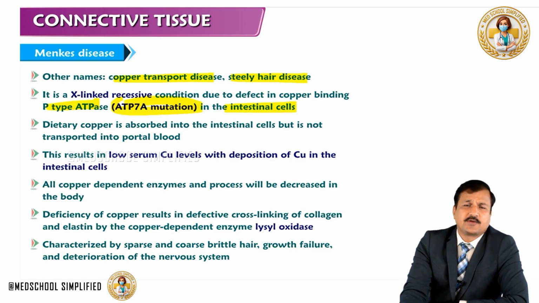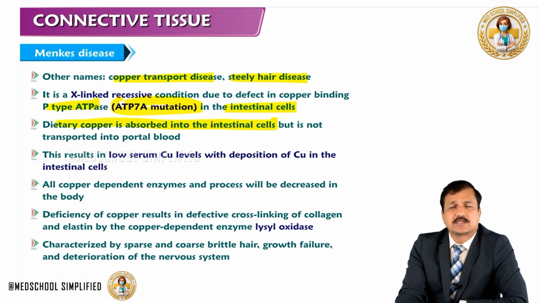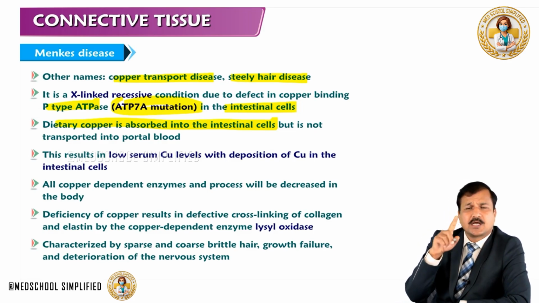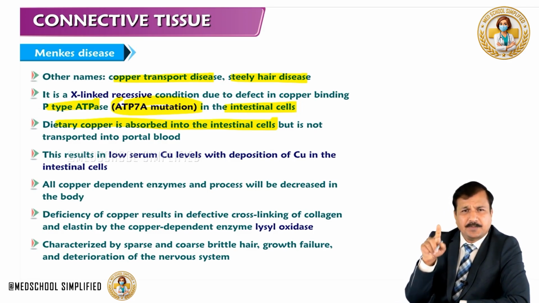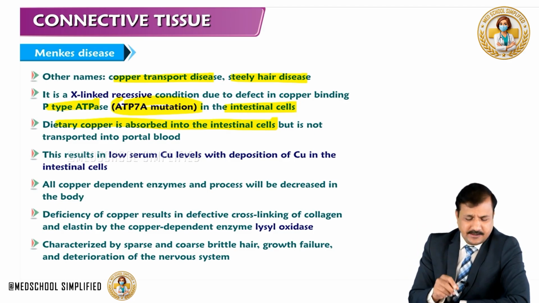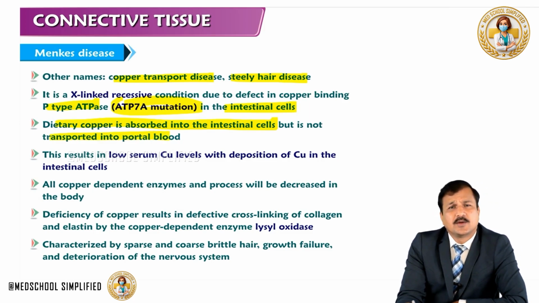So because of this, what will happen? The dietary copper which is absorbed in the intestinal cells is not transported into the portal blood, because the copper transporter, P-type ATPase coded by the ATP7A gene, is mutated here.